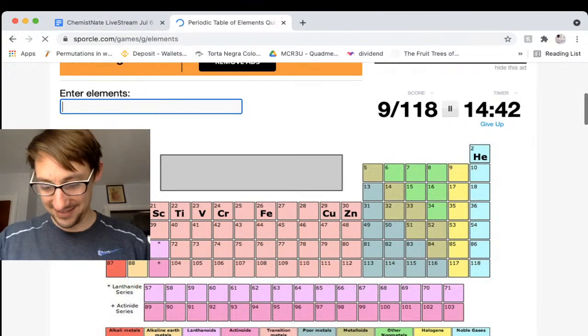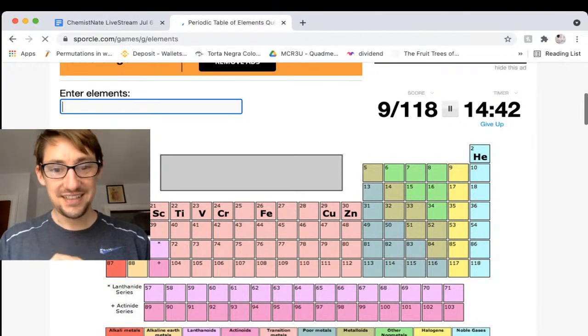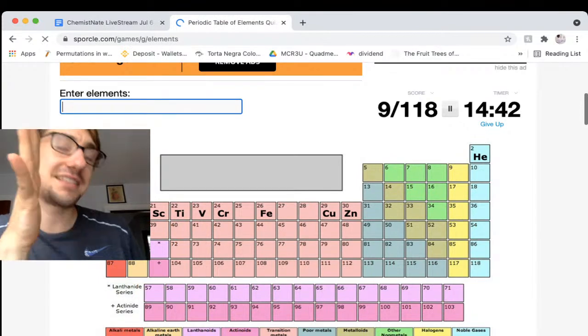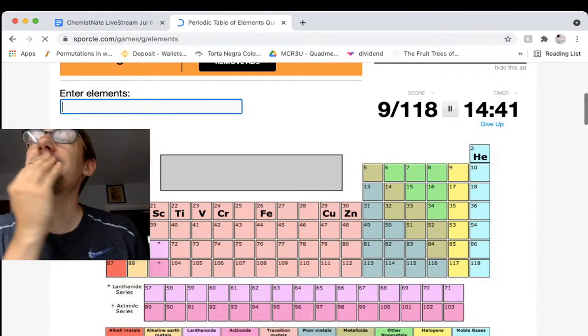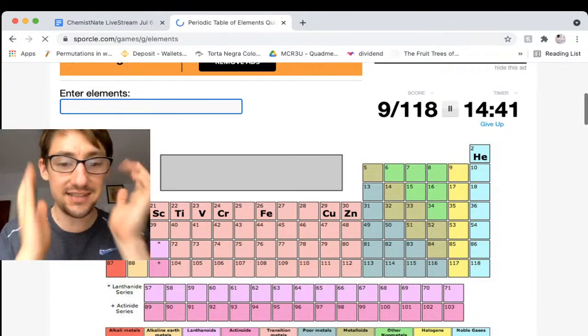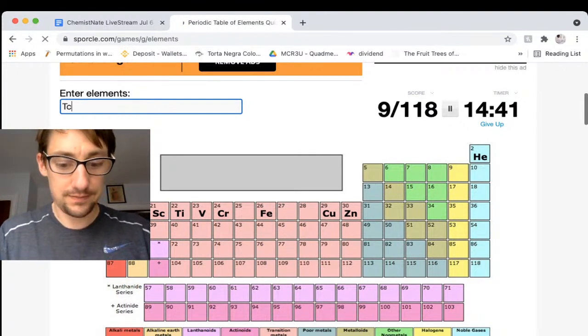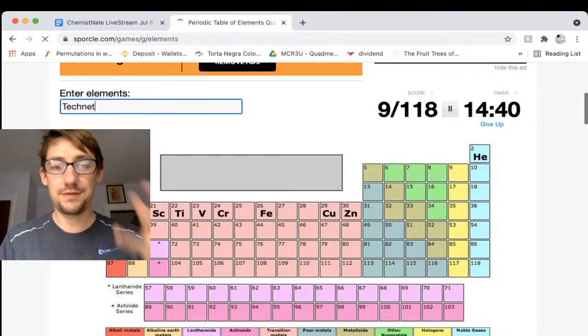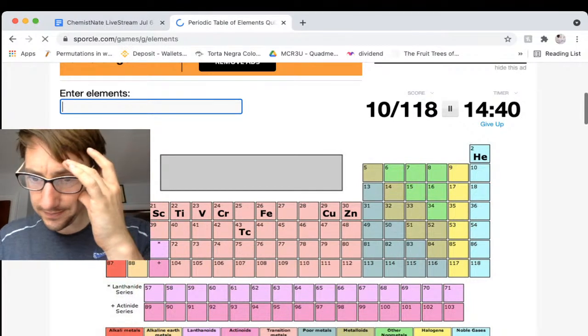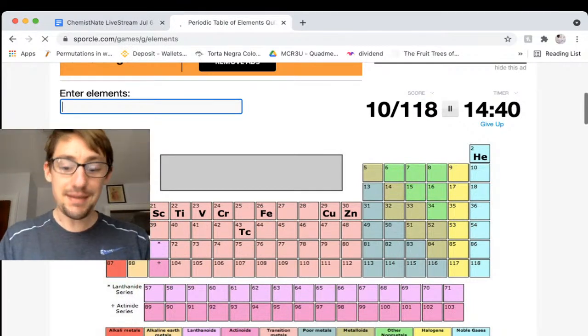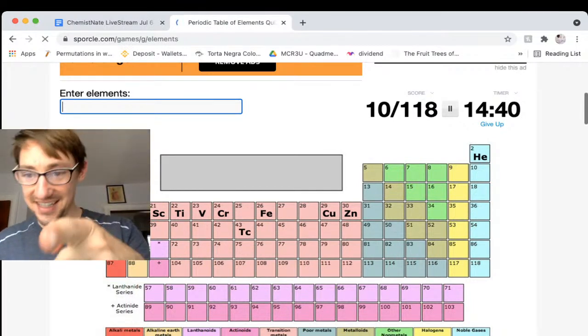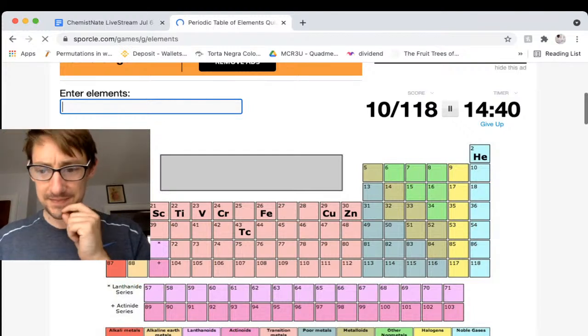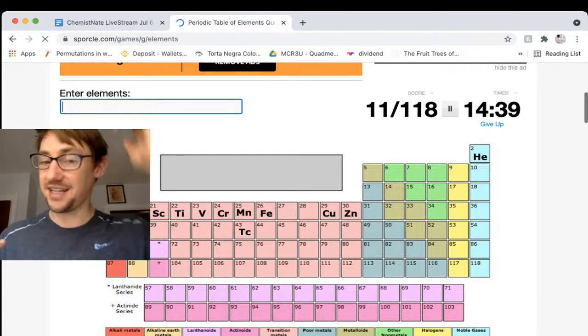Anyone want to help me with that? What comes after chromium? What can be +7? Technetium is under that. But what's above technetium? Manganese. Manganese. Thank you, Havish. Wow, you guys are all heroes, and I'm a loser.